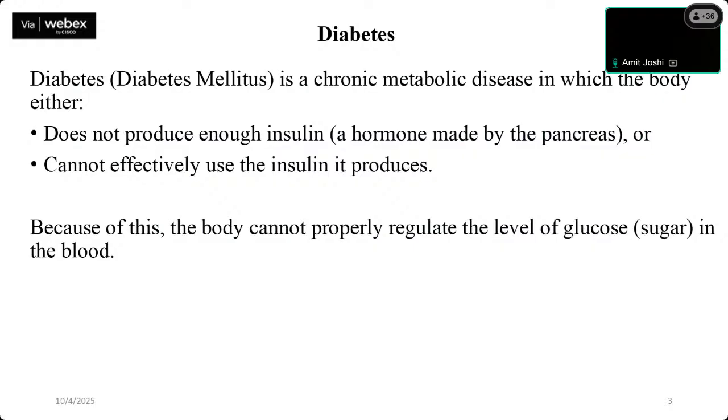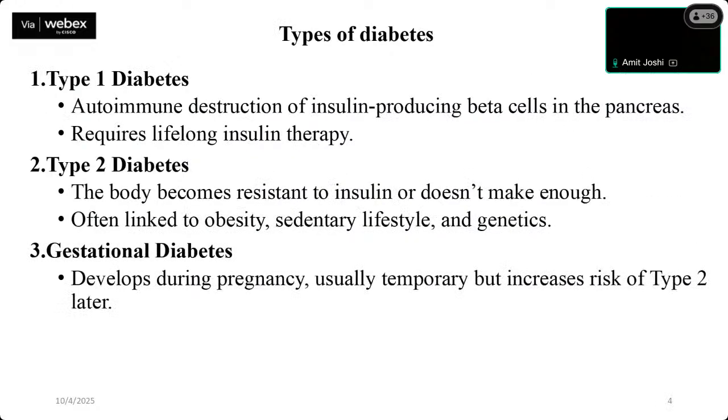Whatever food item is consumed generates glucose, and ultimately, through the liver, glucose is contributed to the blood. But there is no insulin to neutralize that additional glucose. So type 1 diabetes is ultimately autoimmune destruction of the insulin-producing beta cells in the pancreas, requiring lifelong insulin therapy.